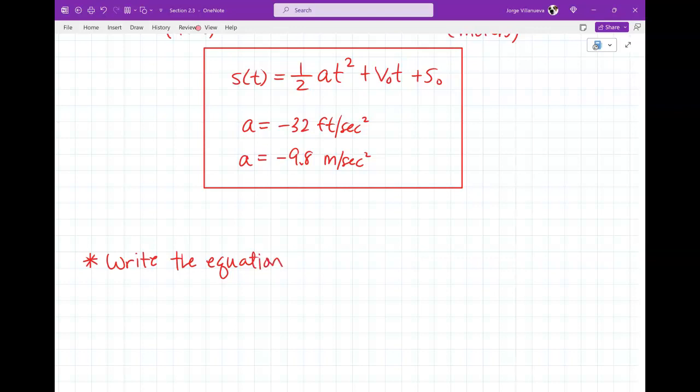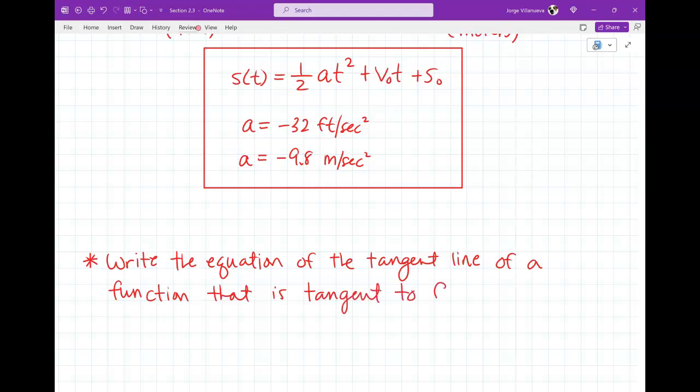Write the equation of a tangent line of a function that is tangent to f of x equal to x squared and passes through the point 2, 4.